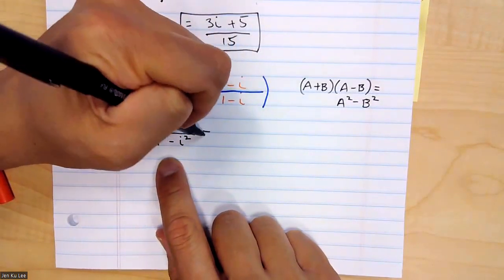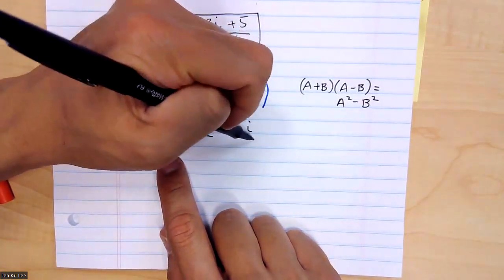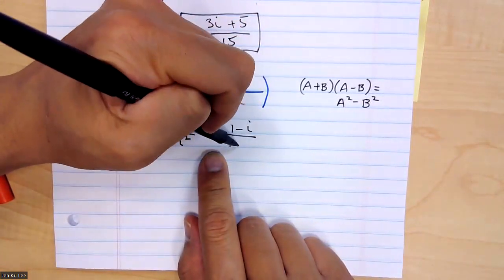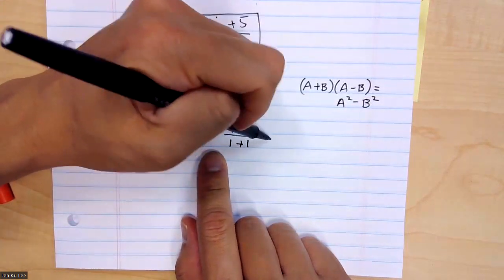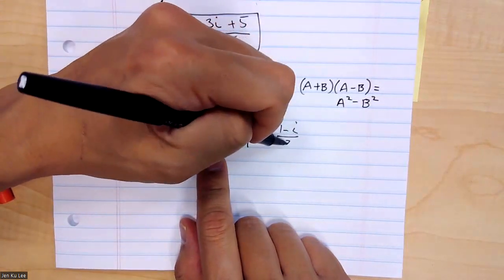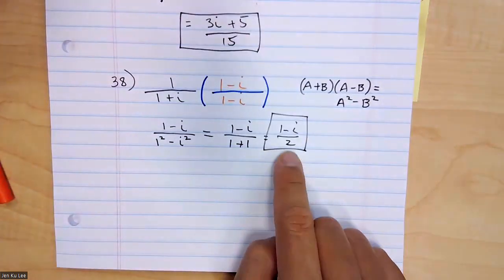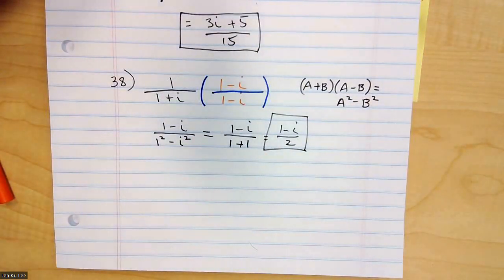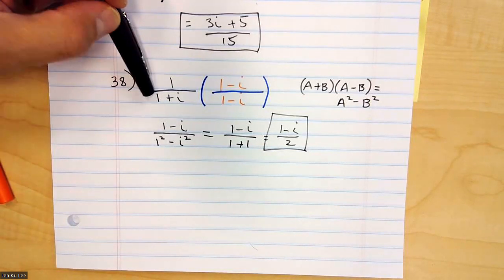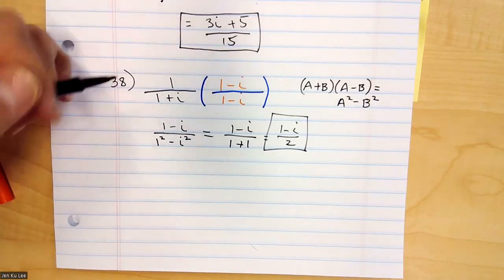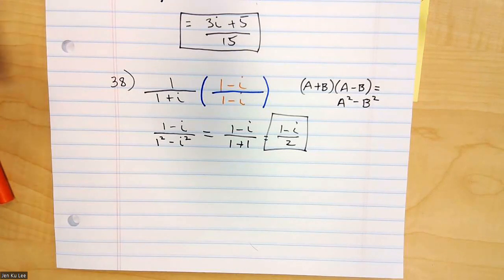And why we multiply by the conjugate is because that's 1 plus 1, which is 1 minus i over 2, because the i's cancel out. They're poof, gone, right? If we multiply by just i, and whatever combination you guys came up with, i over i, you would create another i.